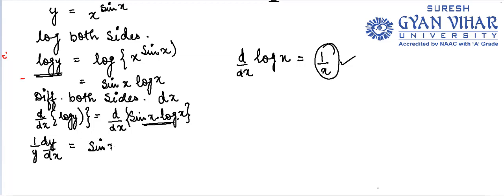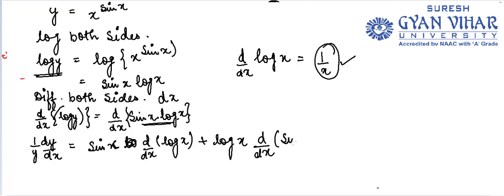First we take sin x and differentiate log x, which is 1 by x, plus log x into d by dx of sin x.